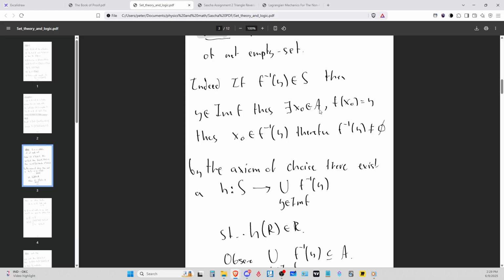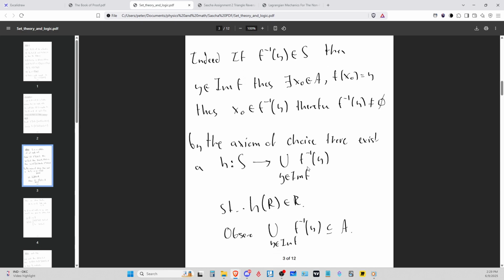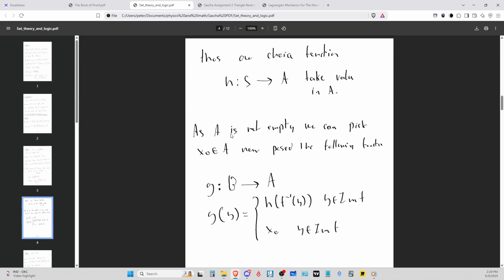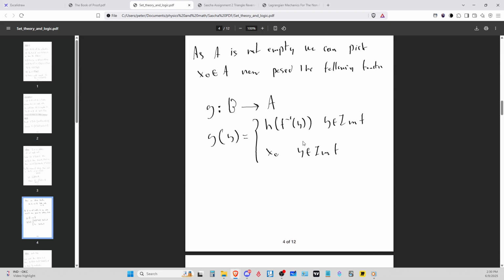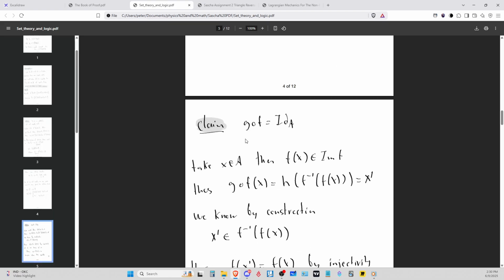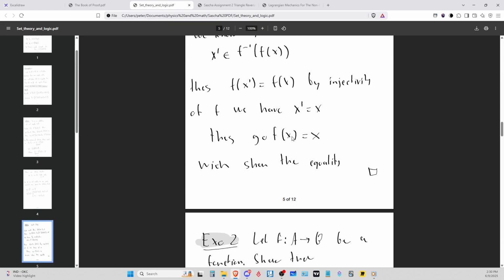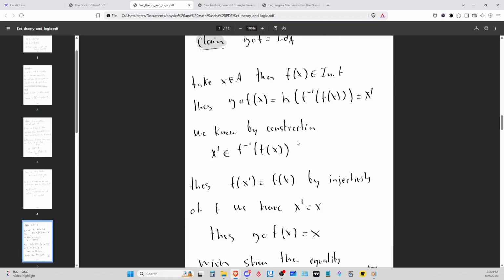There exists x in A, so this is not equal to the empty set. By the axiom of choice, there exists a choice function. Claim.